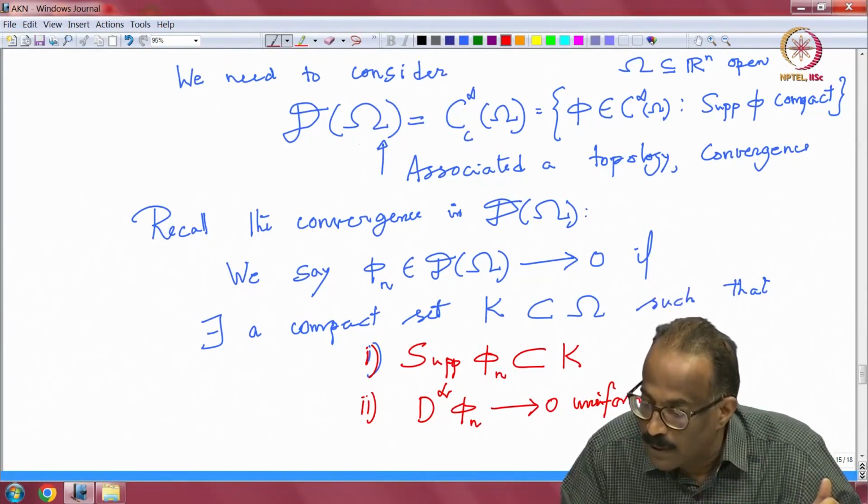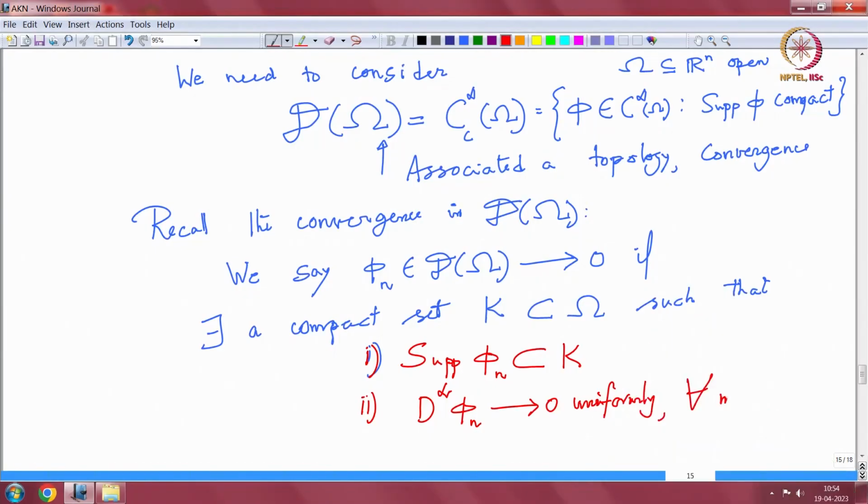This should happen for all multi-integers alpha. Okay. So, I just recalled this definition, which you have seen in detail before.